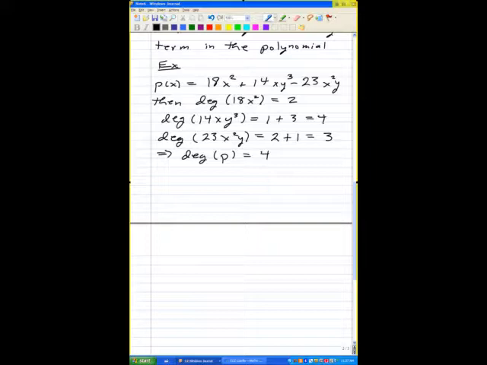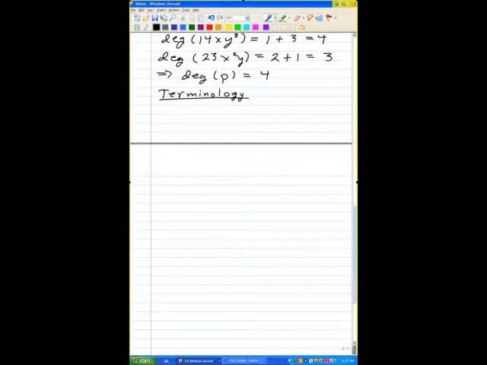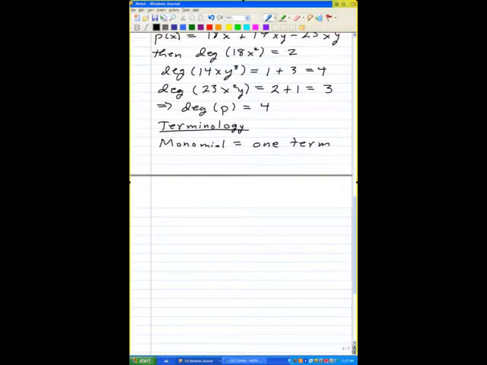Okay, let me give you some terminology. A monomial is a polynomial that consists of one term, such as 14x cubed.